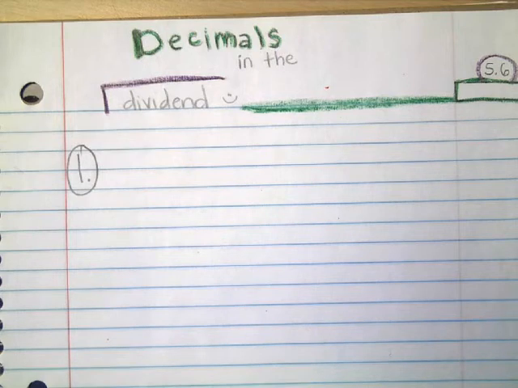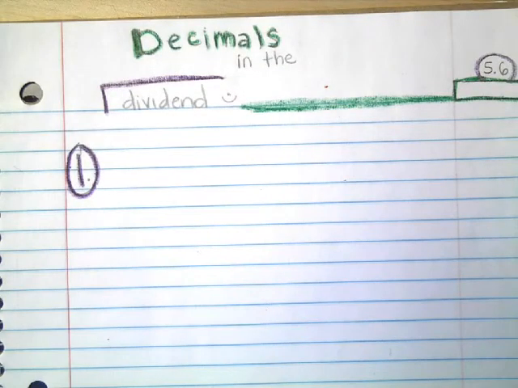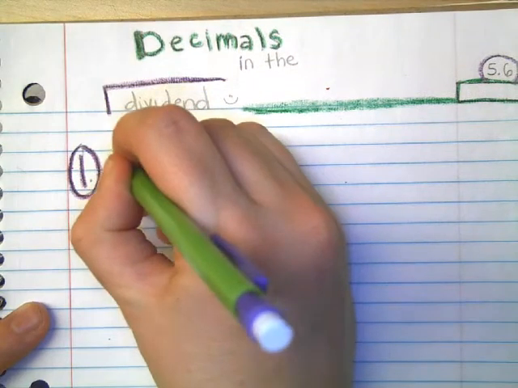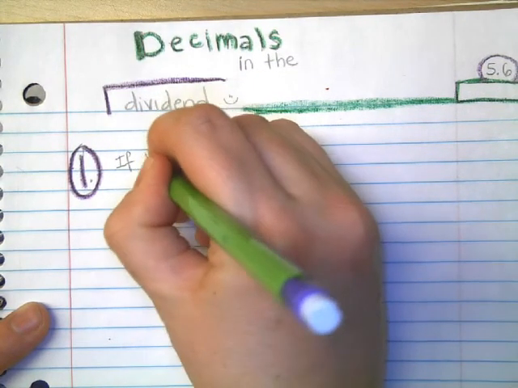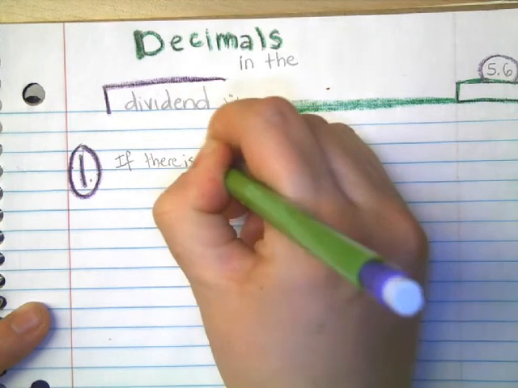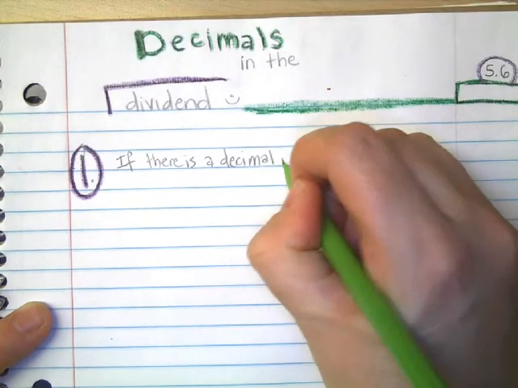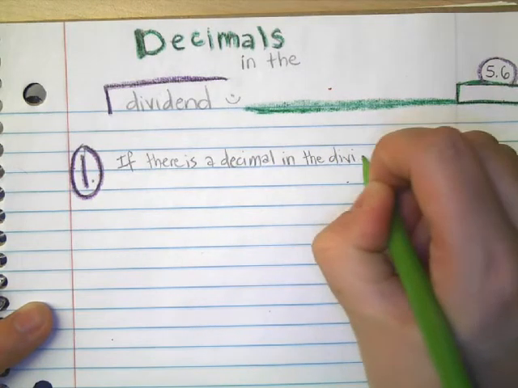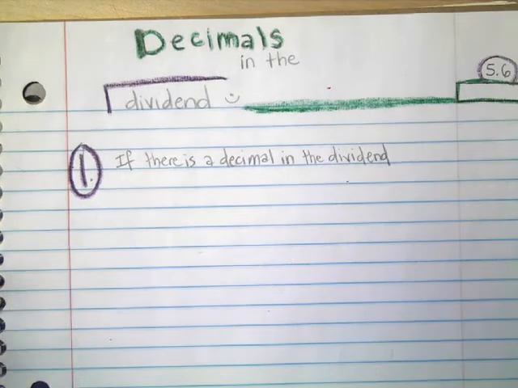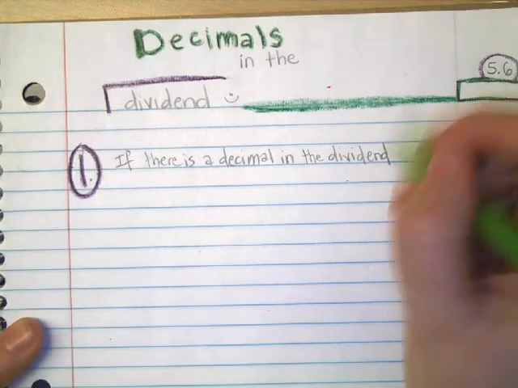Let's color that purple. We're going to say if a decimal is in the dividend, move it straight up into the quotient.